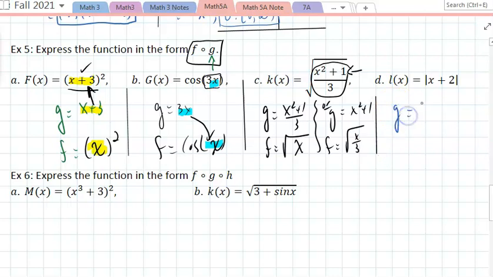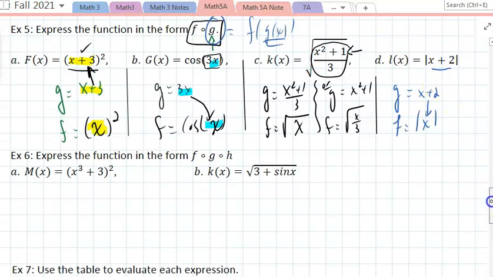Let g equal, the important part is to choose the right side-most function, because this is really f of g of x. You want to work from the inside out. If I let the inside be x plus 2, then automatically f would be the absolute value of x. You substitute that in there and it will match.